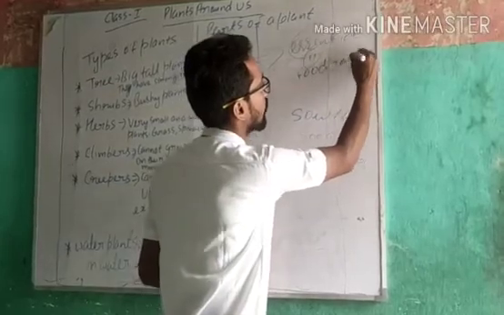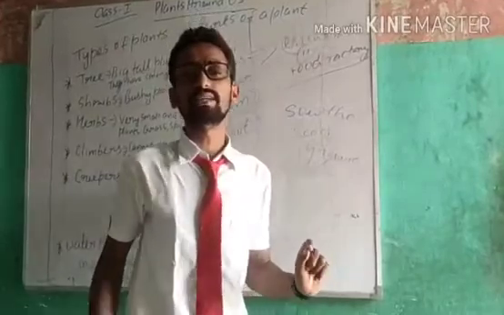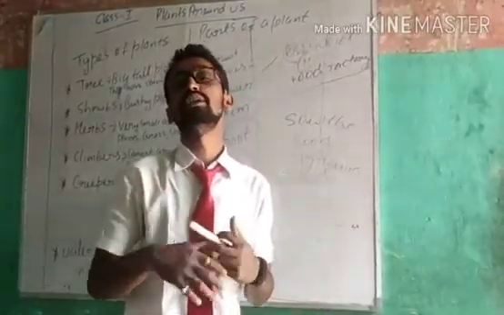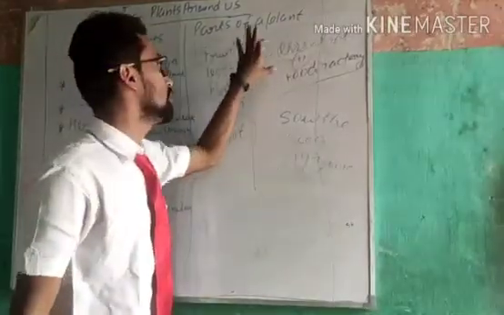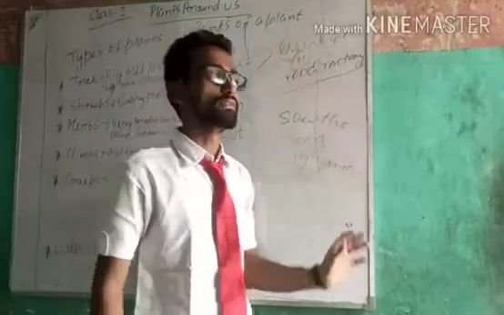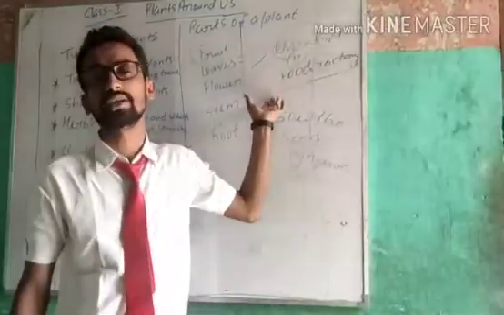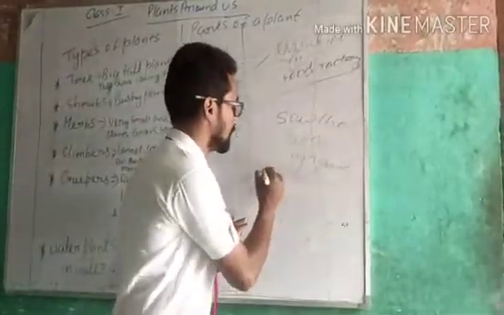Food factory, it means what? Just like your mummy prepares food for you in the kitchen, green plants prepare their food in their leaves. The leaf is the kitchen of the green plant and it is the food factory of the green plant. In leaves there are teeny pores.